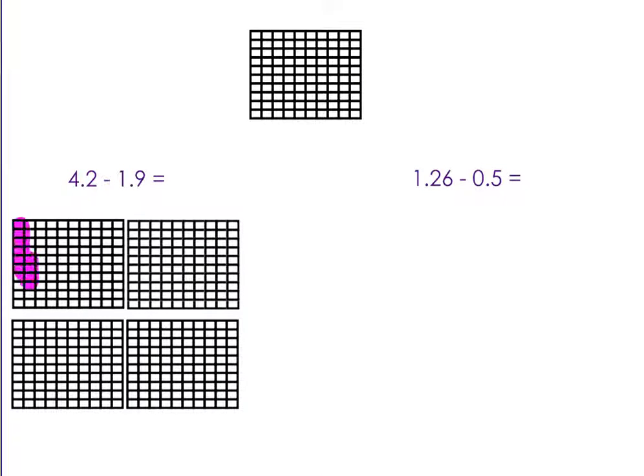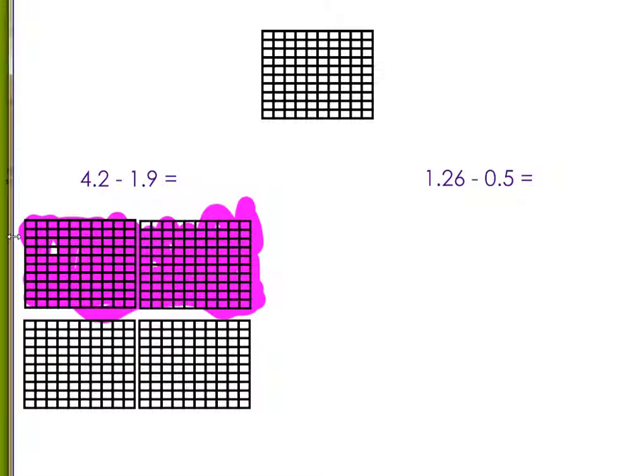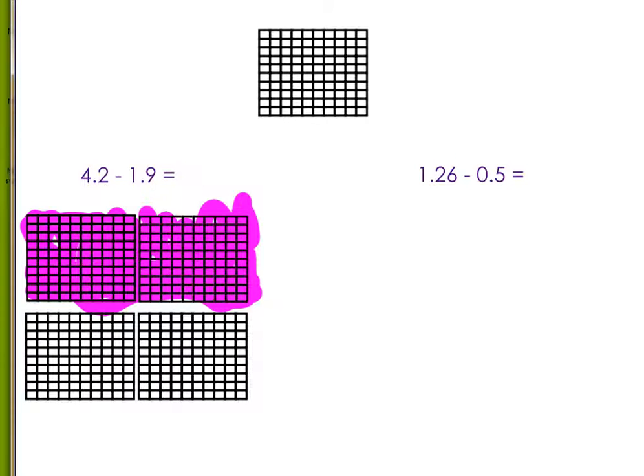So I'm going to color 4 whole ones here. Get 4 of these colored. Sorry, I'm going out of the line, but that sometimes happens. 4 here, 4 whole ones.